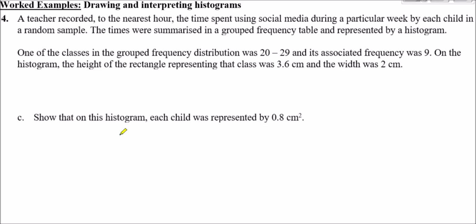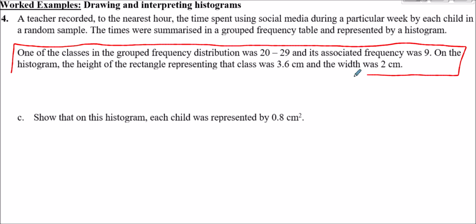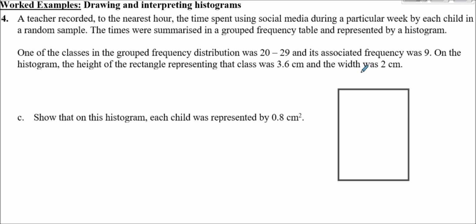Part C, we have to show that on this particular histogram, each child was represented by 0.8 centimetres squared. To do this, we need to think about the information we've been given in this second paragraph about this 20 to 29 bar. In particular, we're told that the bar for this one was 3.6 centimetres high and had a width of 2. So imagine this being a sketch of this rectangle.